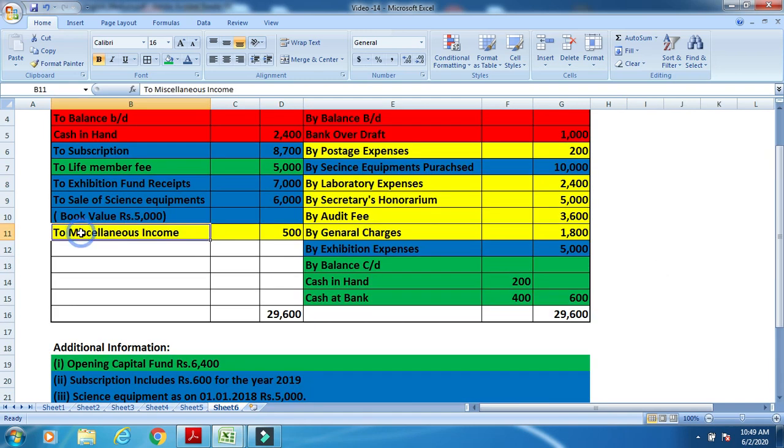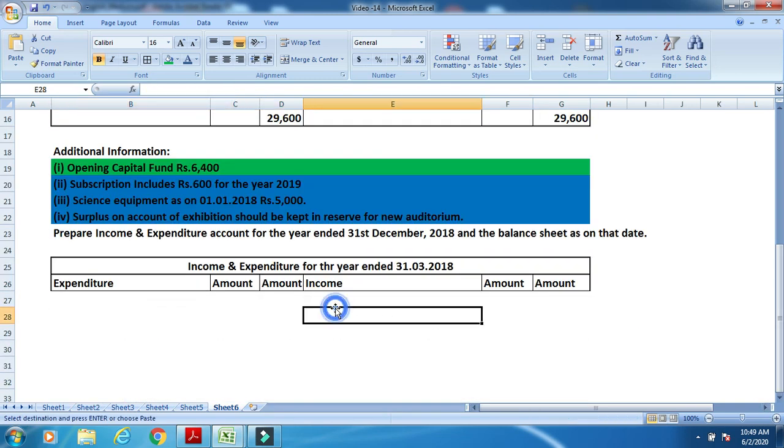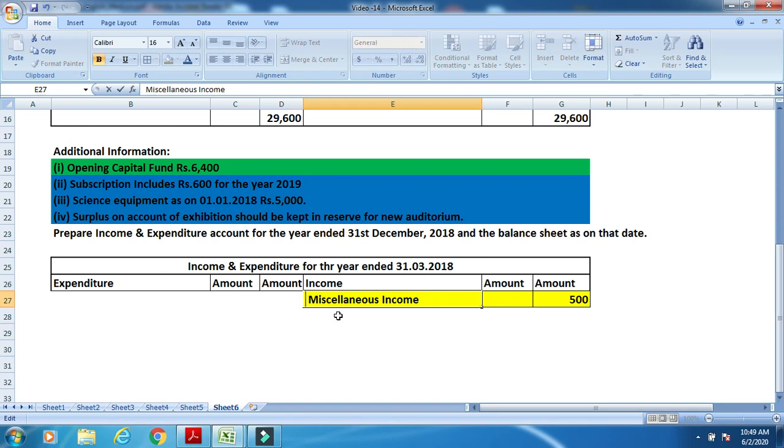Here, to miscellaneous income. Which side is it on? The receipt side means it is mentioned on the income side. It means to becomes by, and by becomes to, the opposite side. Here they mention to; to changes to by miscellaneous income 500.